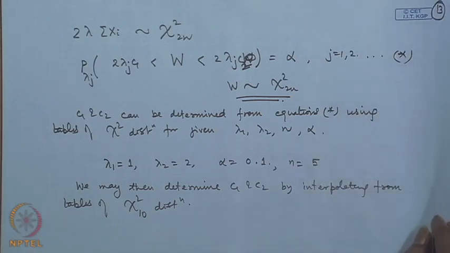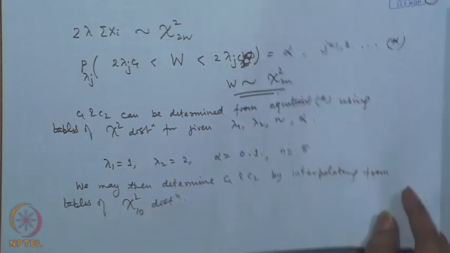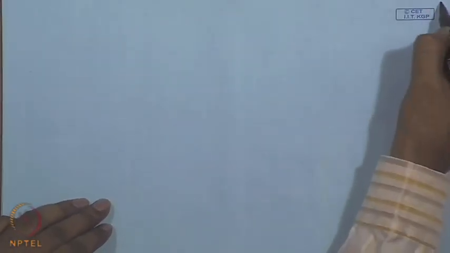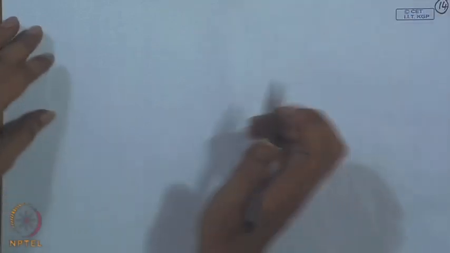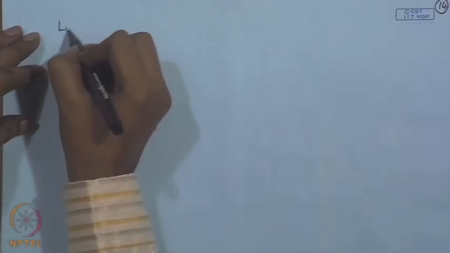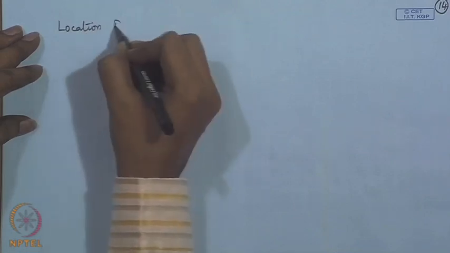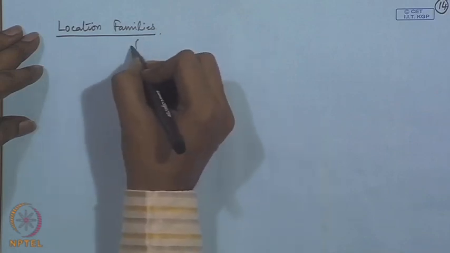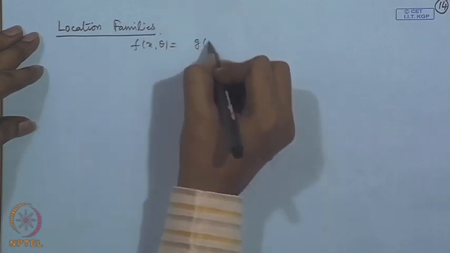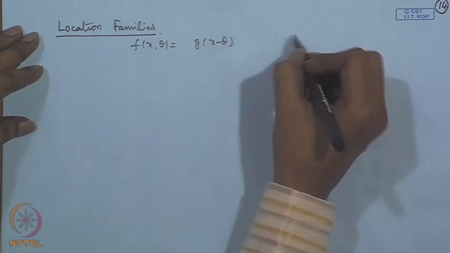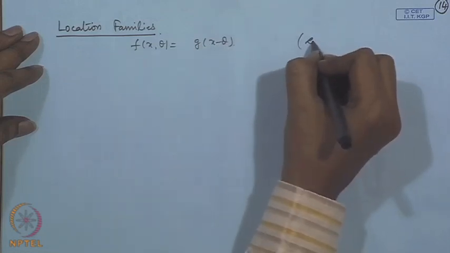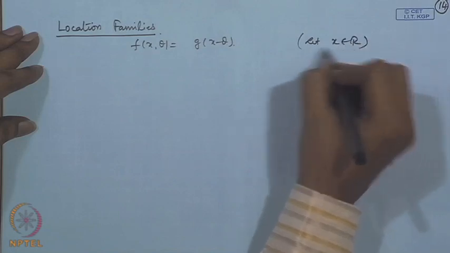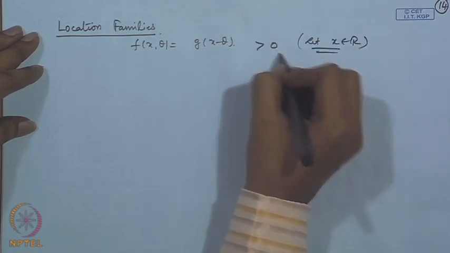Let me make a mention about the location scale distributions. Under certain conditions, these location scale distributions also have the monotone likelihood ratio property. So, let me give that. Let us consider say location families. That means, my f of x, theta is of the form g of x minus theta, and of course, let us take x belonging to R, that is, this is positive for all x.